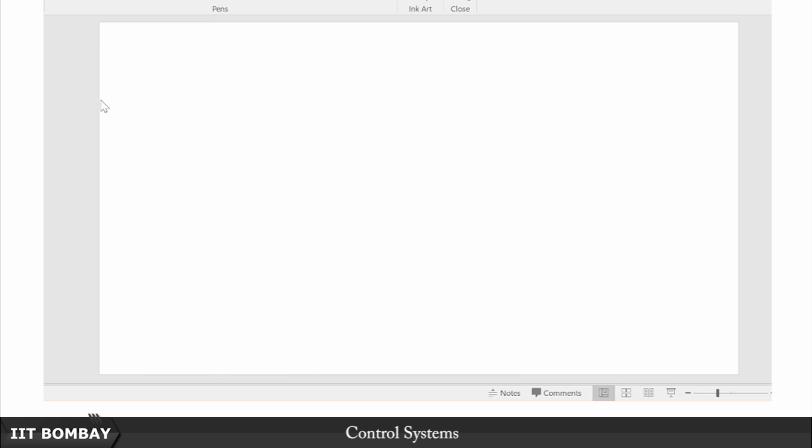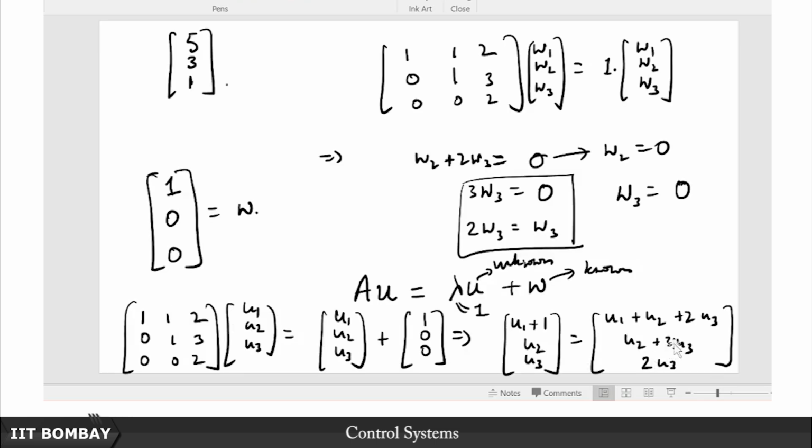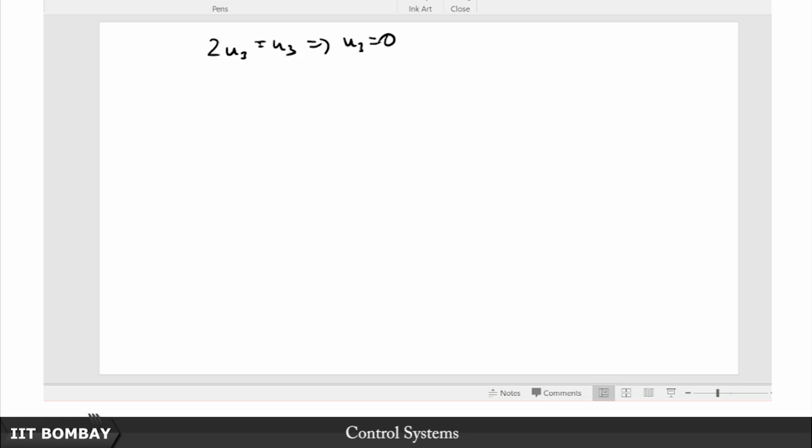As before, if I start from the bottom I get 2U3 is equal to U3, implying U3 must be equal to 0. When I plug that in the second equation I get U2 is equal to U2. That is really not much, that is just identically true. So U2 could be probably anything.